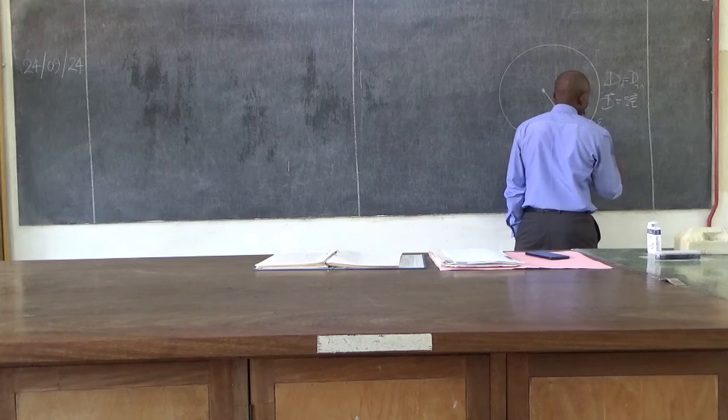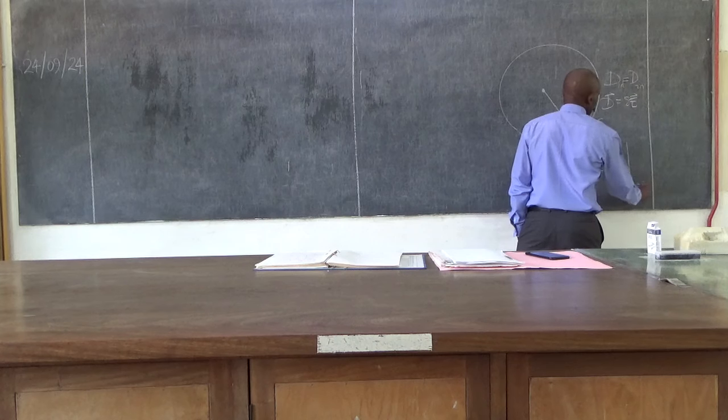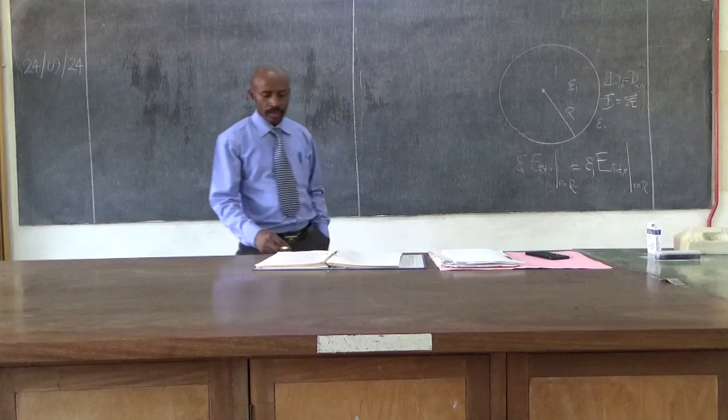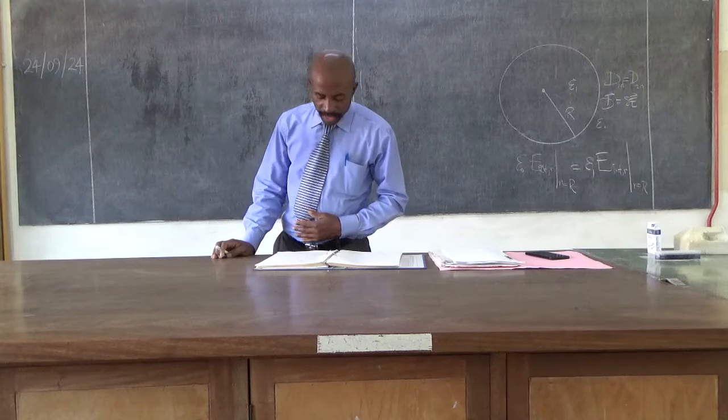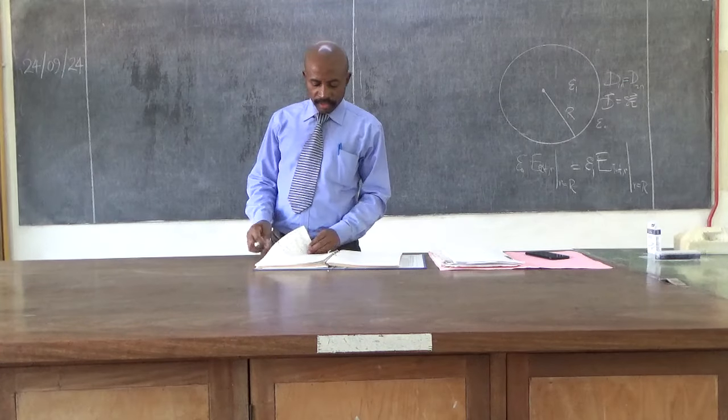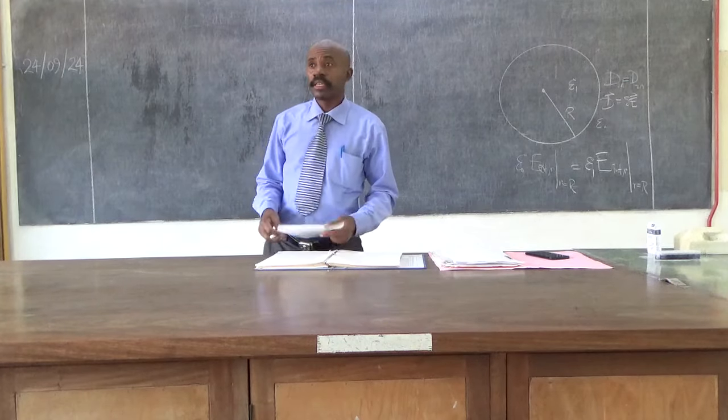Then E now R, where R is the radius of the sphere. And once we were there, we needed now to substitute, and after substituting, we equated two sides.